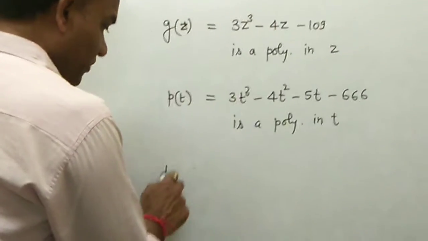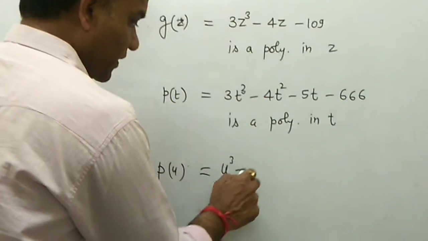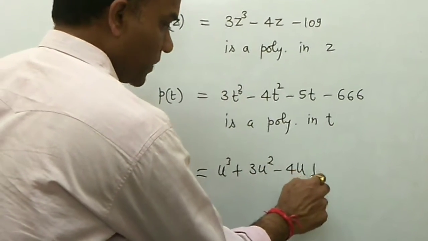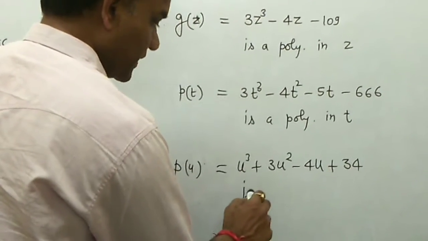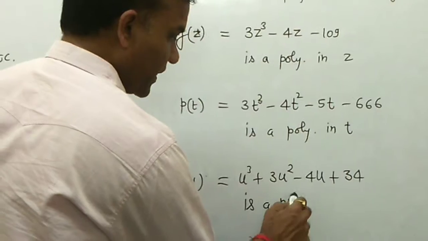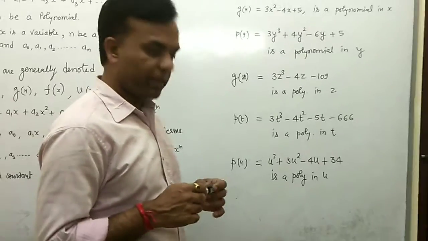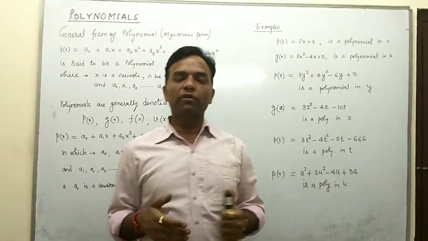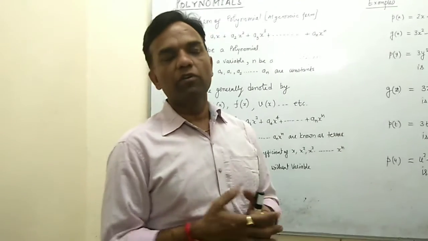Also maybe you write it in the form of u. Suppose you have u cube plus 3u square minus 4u plus 34. So this is a polynomial in u. So it depends on which type of variable you use in the polynomial, on the given question, or on your understanding level.